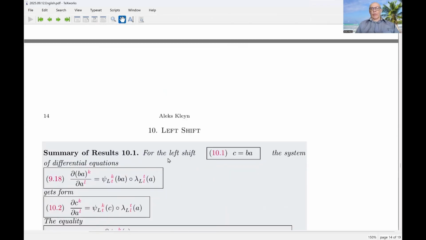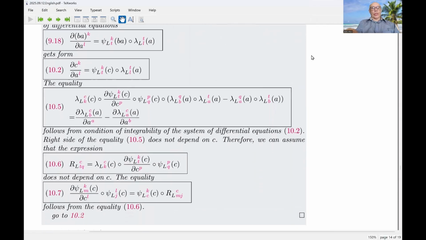For left shift 10.1, the system of differential equations 9.18 gets form 10.2. Equality 10.5 follows from the definition of integrability of system of differential equations 10.2. The right side of equality 10.5 does not depend on C. Therefore, we can assume that expression 10.6 does not depend on C. Equality 10.7 follows from equality 10.6.